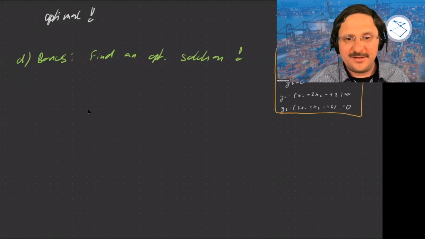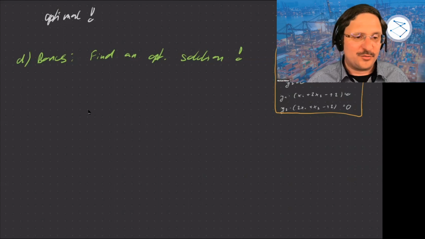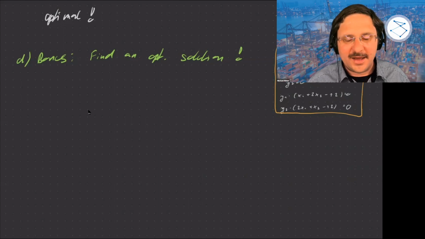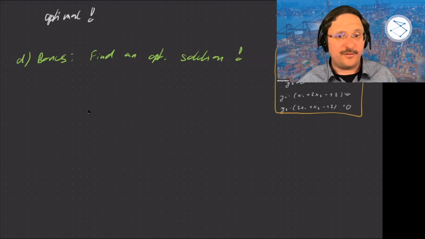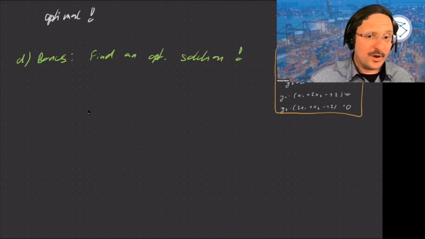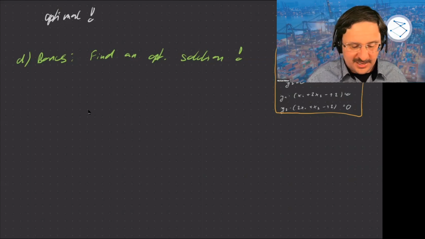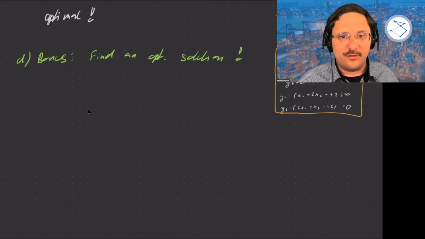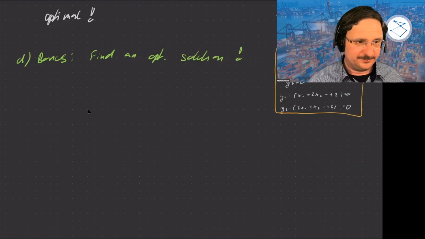And that's where we need convexity, because we know that once we find any KKT point, it will be an optimal solution. So we don't necessarily have to go through all the cases, collect all the possible candidate points, and then find the one that works best. But we can stop once we have found one KKT point.